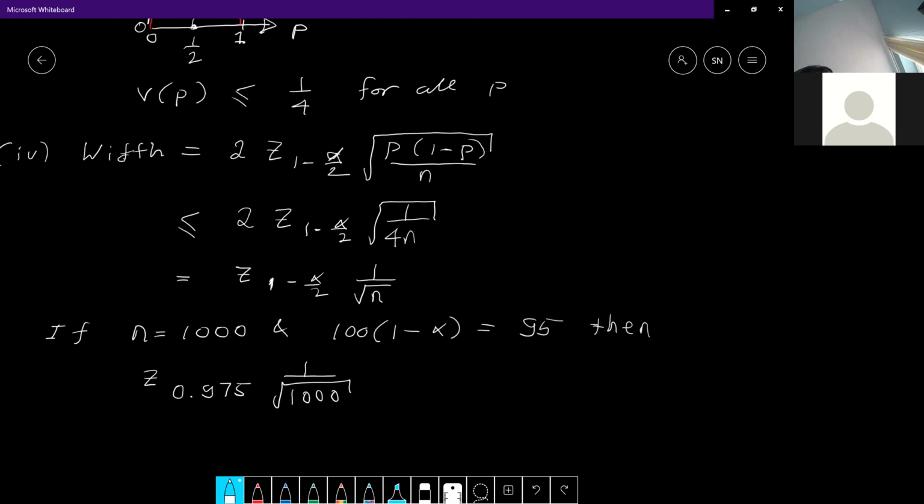So this will be equal to, you can read this from the table, I think it will be 1.96 approximately. The square root of 1000 will be, you can work it out what it is.